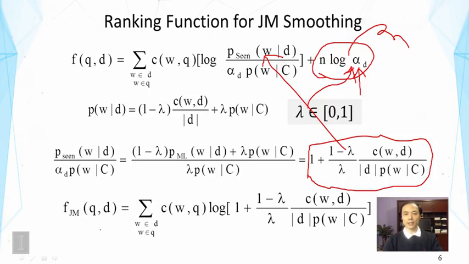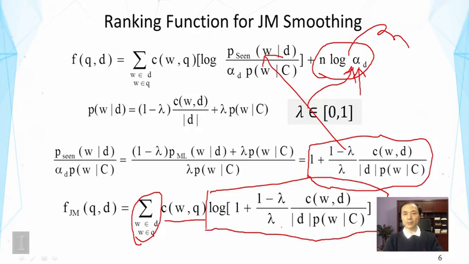And in this case, you can easily see this is precisely a vector space model, because this part is the sum over all the matched query terms. This is the element of the query vector. What do you think is the element of the document vector? Well, it's this, right? So that's our document vector element.